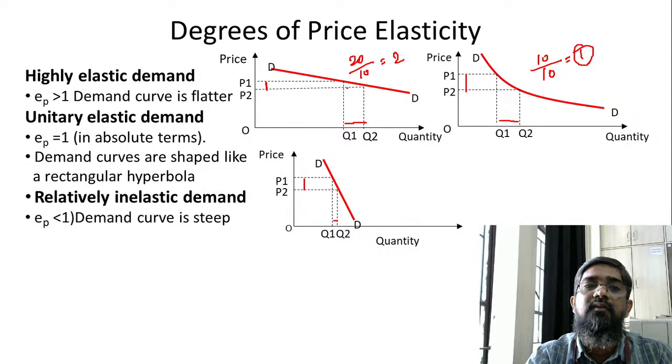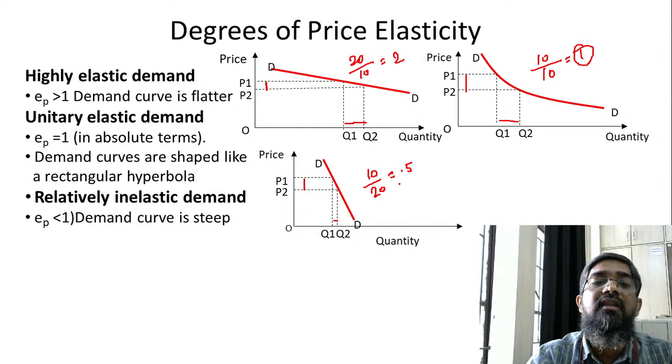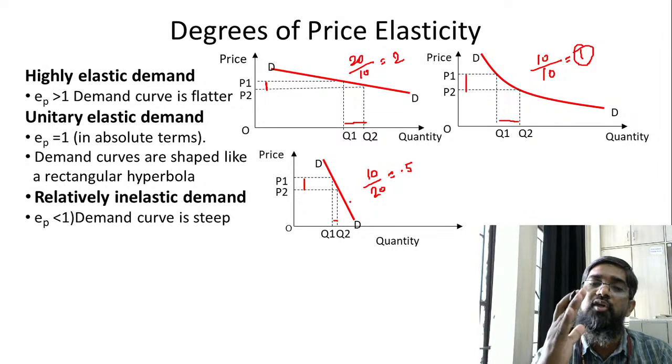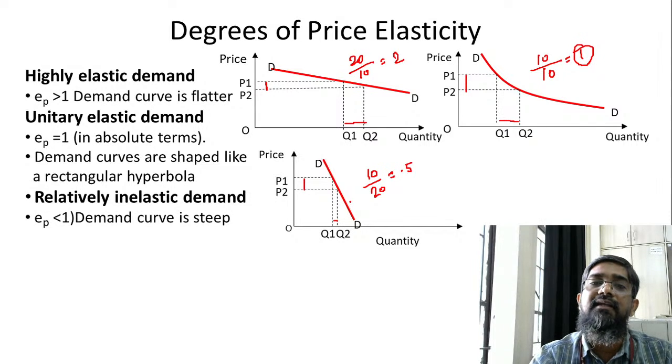The first case, greater than 1, is reversed here. Your change in quantity demanded is 10, whereas change in price is 20. So your elasticity here is 0.5, which is less than 1. In this case, your demand line is steeper. The slope is much greater, and it is more parallel, or closer, to the y-axis, right?